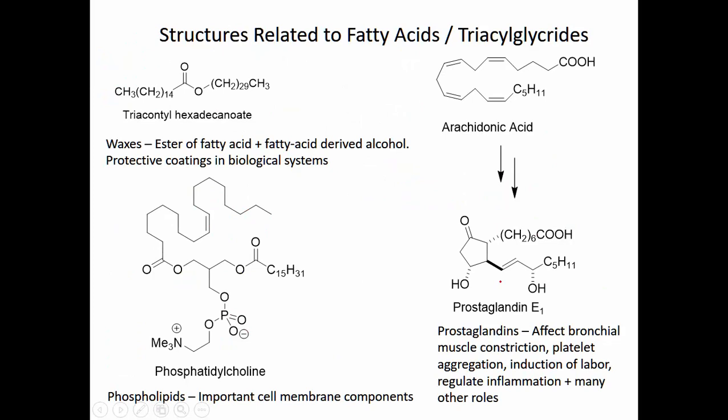Okay, we're going to finally just look at some molecules that are derived from fats. Okay, so waxes are esters of fatty acids with the corresponding alcohols derived from fatty acids, forming the alcohol part of the ester. These form the coatings of various fruits and things like that that protect the inside.